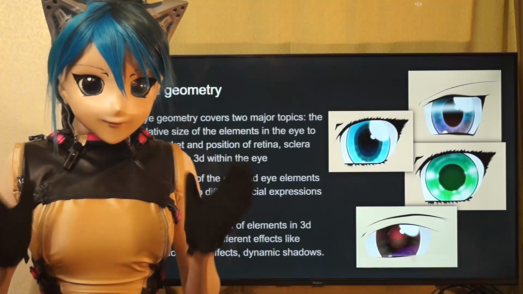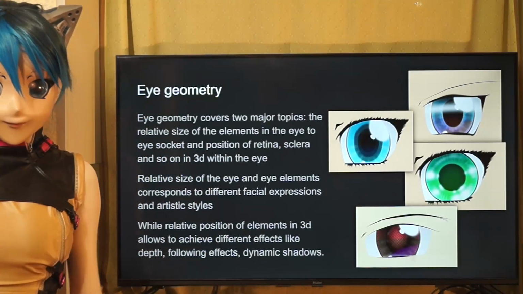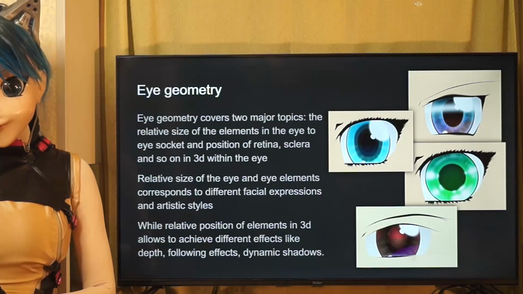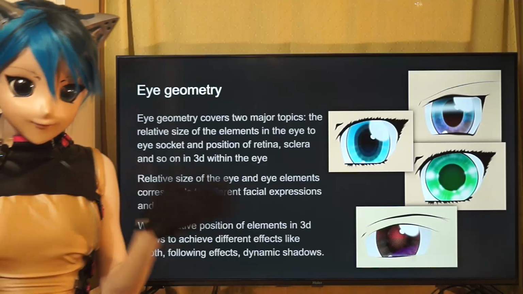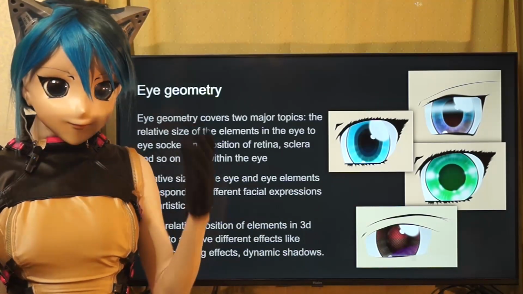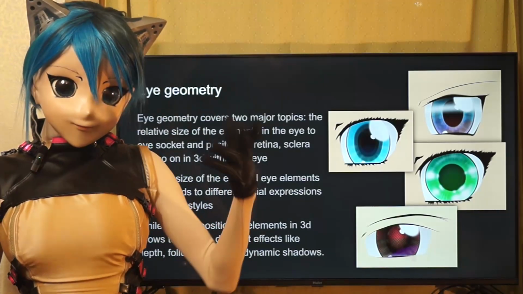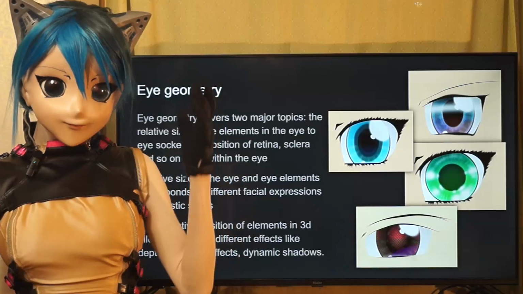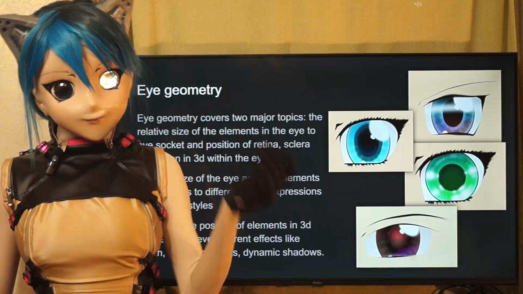And doing a lot of this, the first thing to consider is the eye geometry. Actually, there are two branches of eye geometry. One is about the relative placement of iris, sclera, pupil, all that stuff, and the shape of the eye cutout in the face.